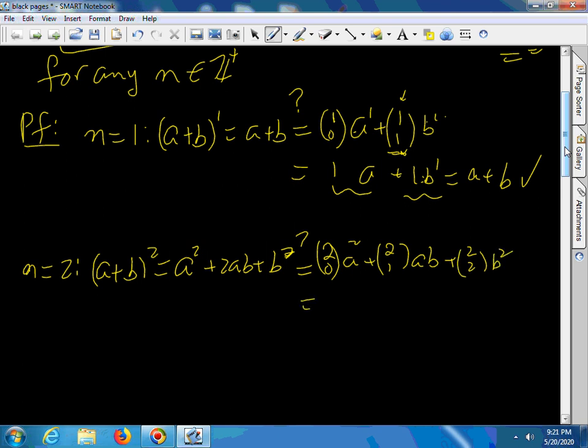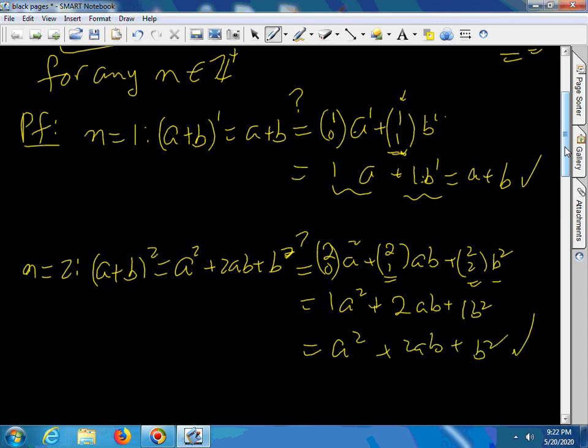Well, 2 choose 0 is 1 times a squared, 2 choose 1 is 2 times ab, and 2 choose 2 is 1 times b squared. So here we did get the same answer.